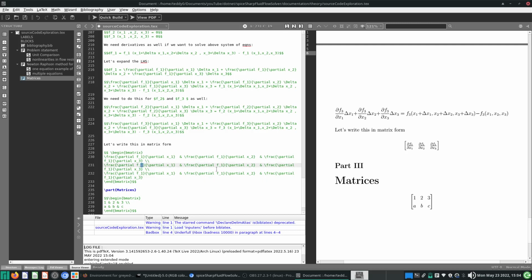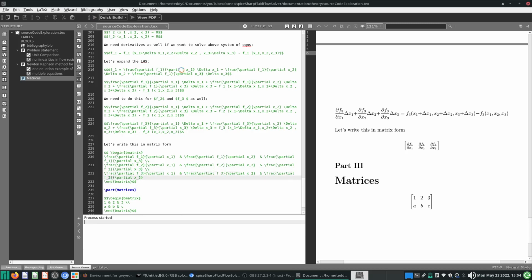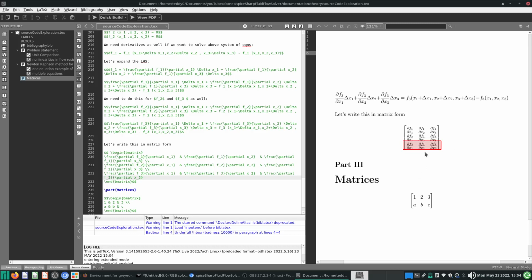And now of course we'll need to do matrix multiplication with the delta x1, delta x2, and delta x3. Okay, so let me replace all these f's first, then we will be able to have the 3x3 matrix here. This is actually the Jacobian matrix, but don't let the name put you off at first. This is just a derivative matrix, but the proper name is Jacobian.